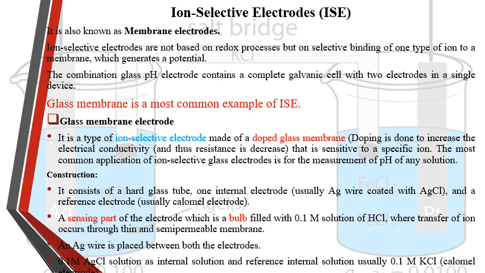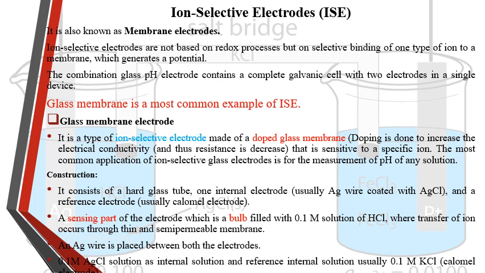The ion selective indicators are composed of an ion selective membrane by which the ion crosses and it creates an imbalance. Then this opposes the further movement of the ions. Examples: glass membrane electrode, antimony oxide electrode.